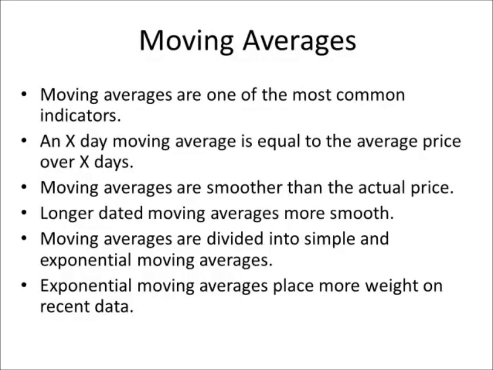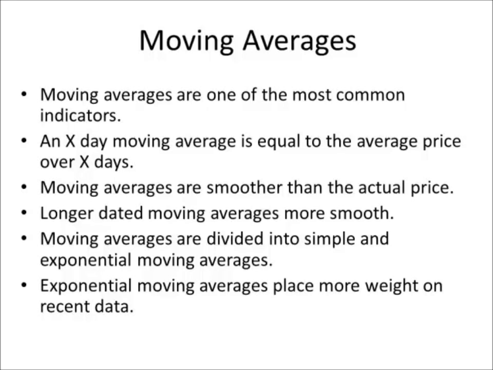Moving averages. As mentioned, we will be going through 3 different indicators in the rest of this lecture. The first of these is moving averages. Now, moving averages are one of the most common indicators out there. What is a moving average? An X-day moving average is equal to the average price over X days.